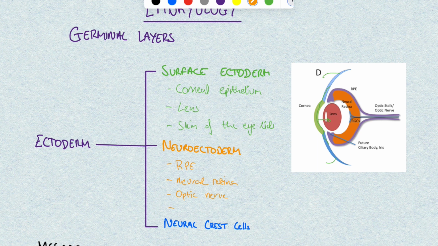And then remember, at the anterior portion of the neuroectoderm, we have the future ciliary body and the iris. The neural crest cells develop later, and they go on to form mainly structures in the anterior chamber. We'll go into this in more detail in the video about the anterior chamber. Also be aware that parts of the iris are also formed by neural crest cells.